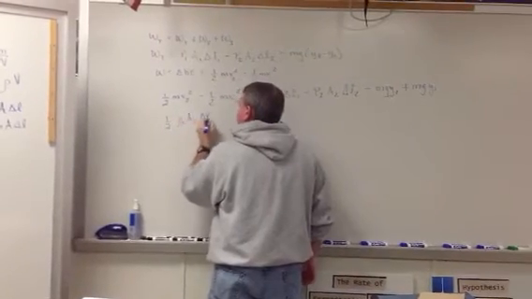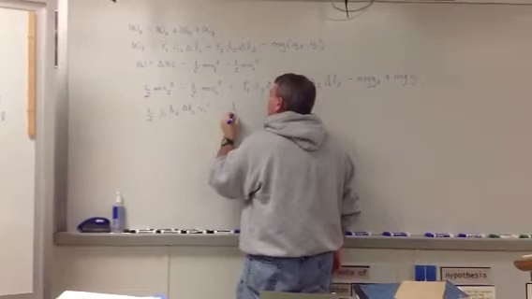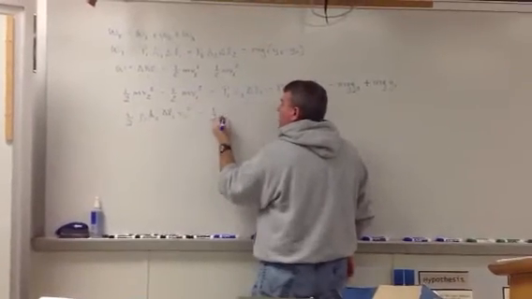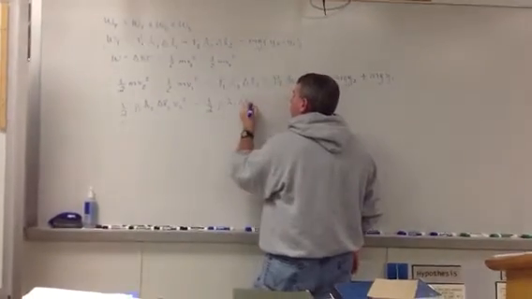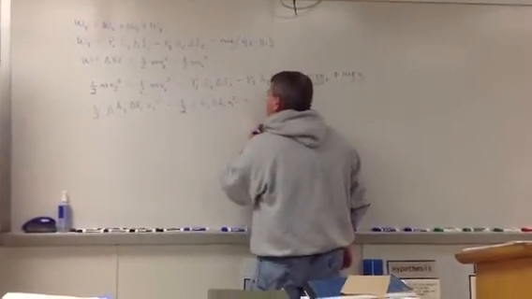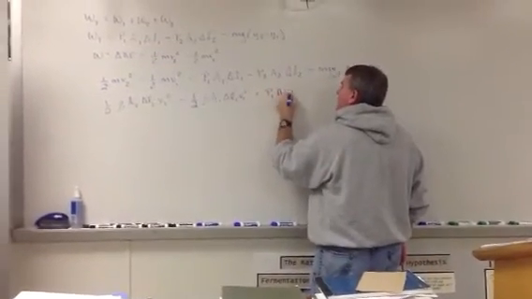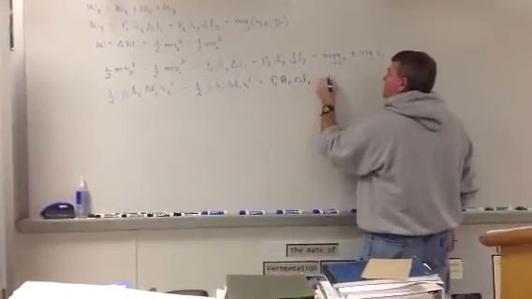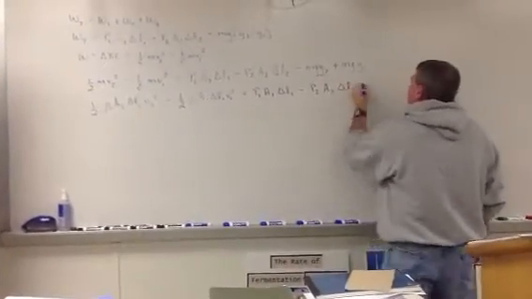Rho 2 A2 delta L2 V2 squared minus 1/2. This mass is 1, so that's going to be rho 1 A1 delta L1 V1 squared equal to pressure 1 A1 delta L1 minus pressure 2 A2 delta L2 minus.